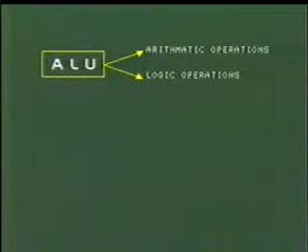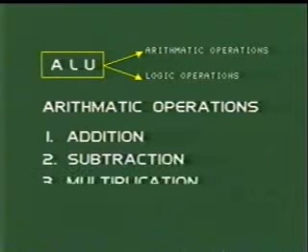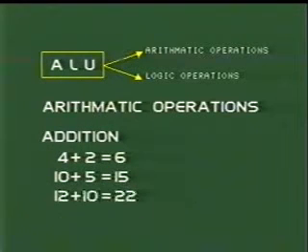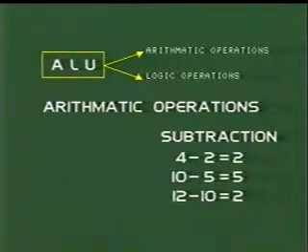ALU does all the arithmetic and logic operations. Arithmetic operations such as addition, subtraction, multiplication, and division. Addition in this case is addition of any two numbers. Subtraction is subtraction of any two numbers.